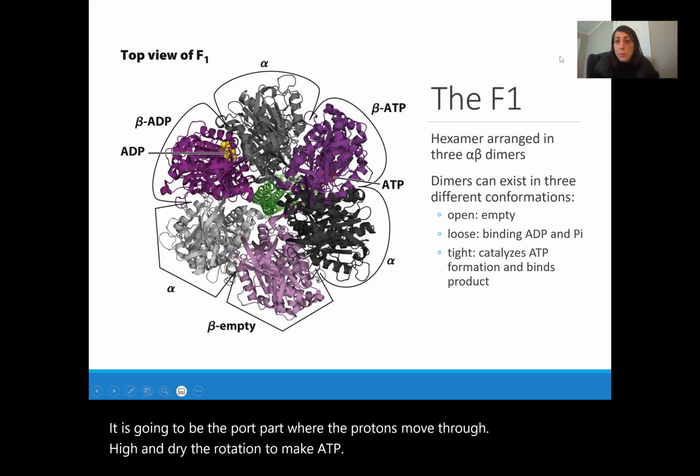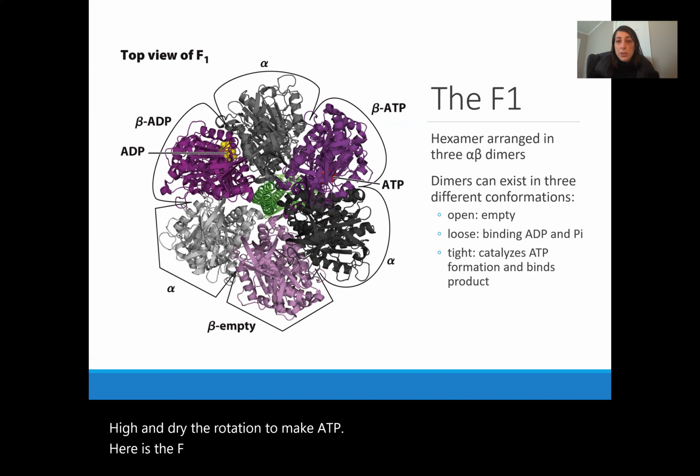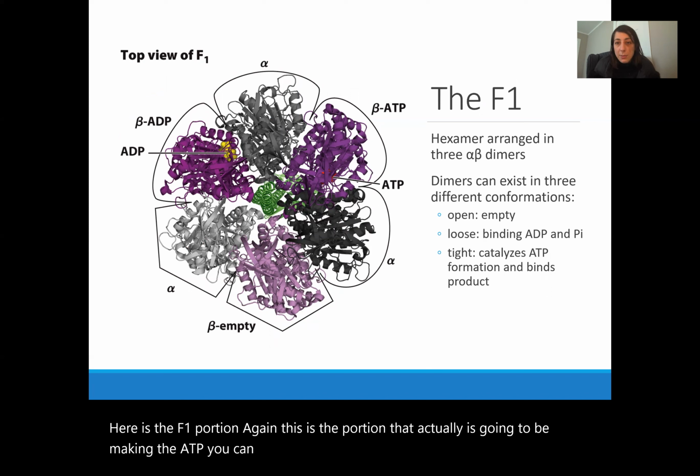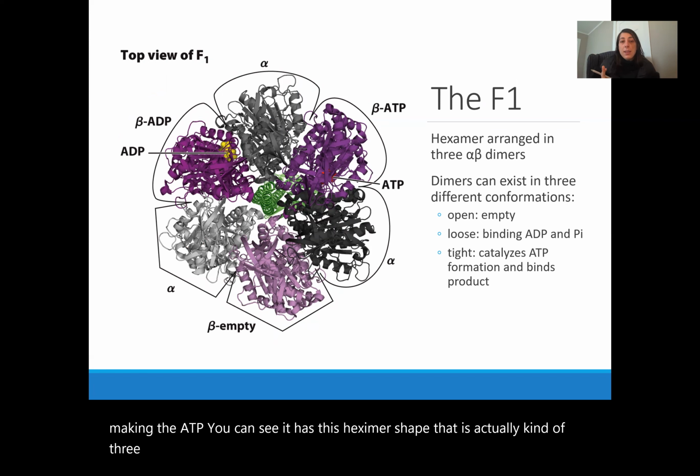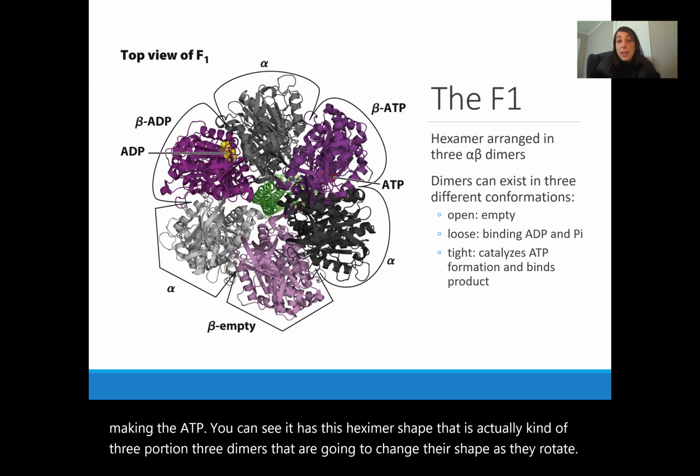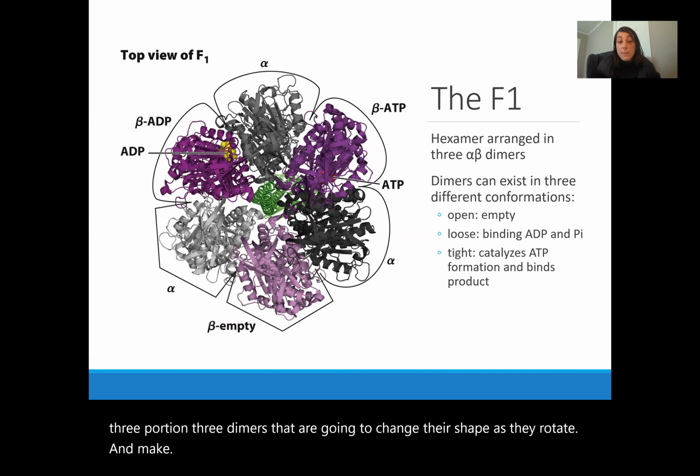Here is the F1 portion. Again, this is the portion that actually is going to be making the ATP. You can see it has this hexamer shape that is actually kind of three portions, three dimers that are going to change their shape as they rotate and make ATP from ADP.